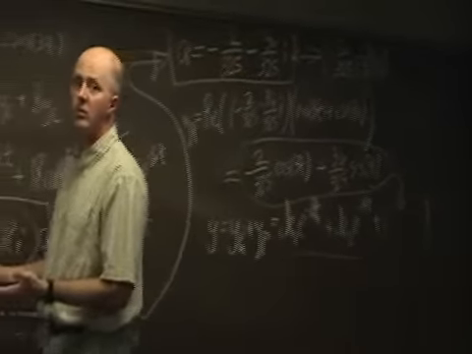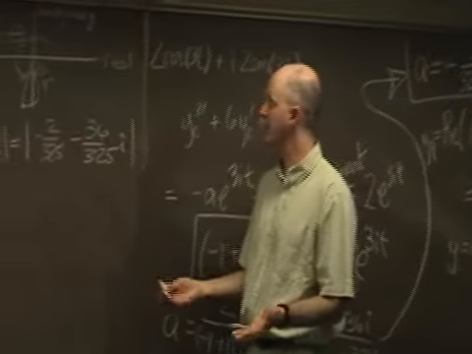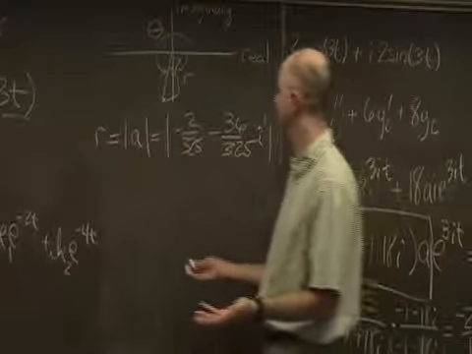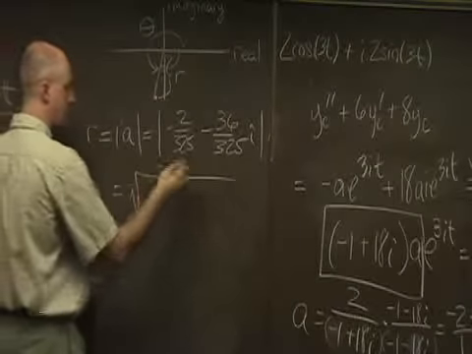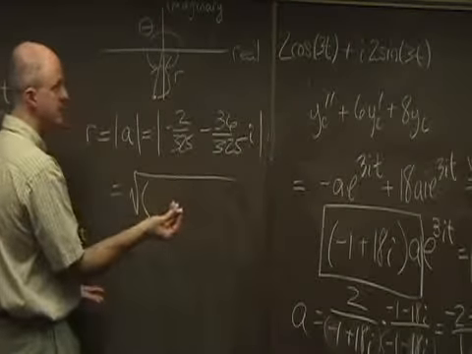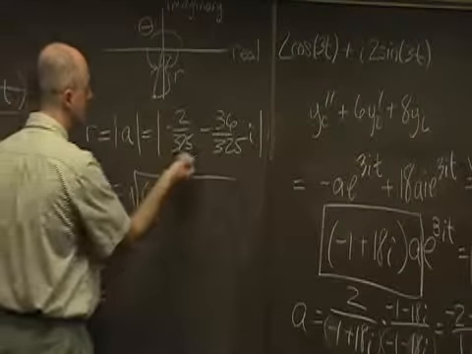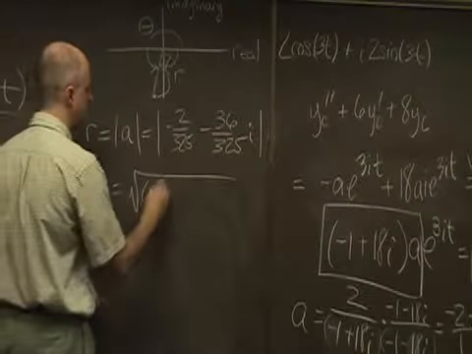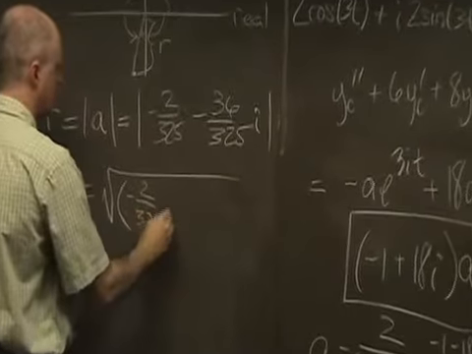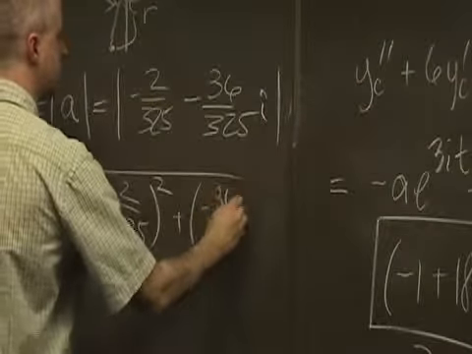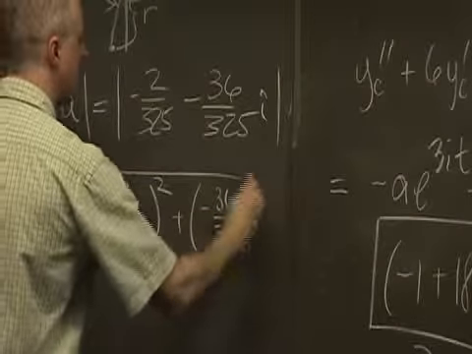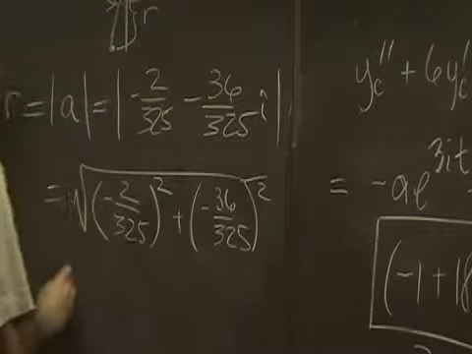To find this, we again use the Pythagorean theorem. Equivalently, the distance formula, we need to take the square root of the sum of the squares of the coordinates for the point. In other words, the real and the imaginary parts of the complex number. So negative 2 over 325 squared plus negative 36 over 325 squared. Of course, those negative signs won't matter.